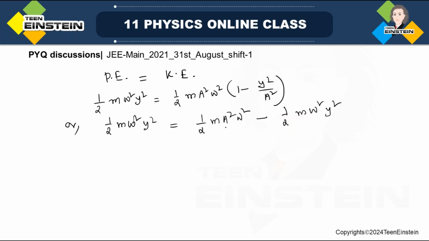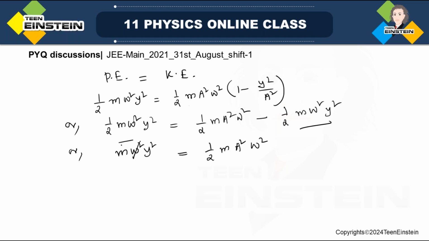I'll just take these two together so that I get m omega square y square, and that is equal to half m a square omega square.